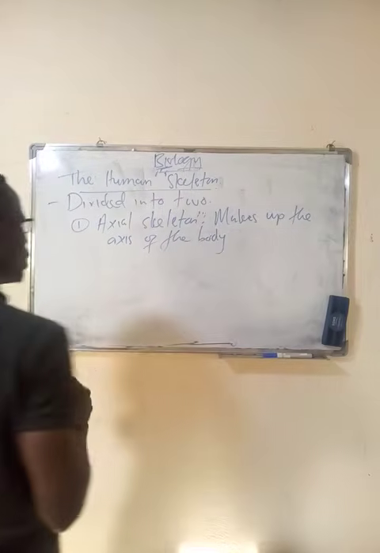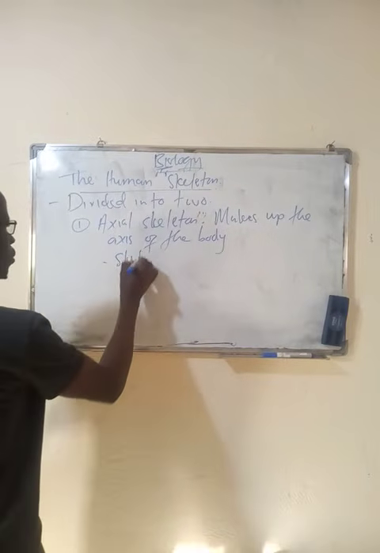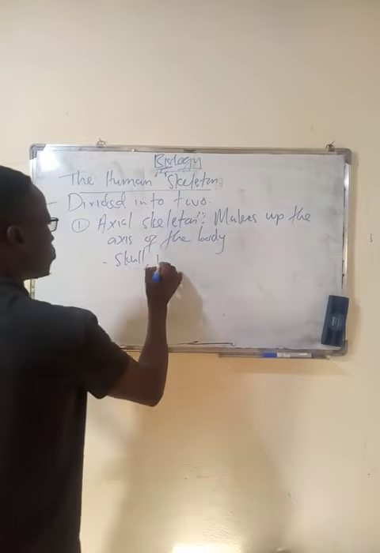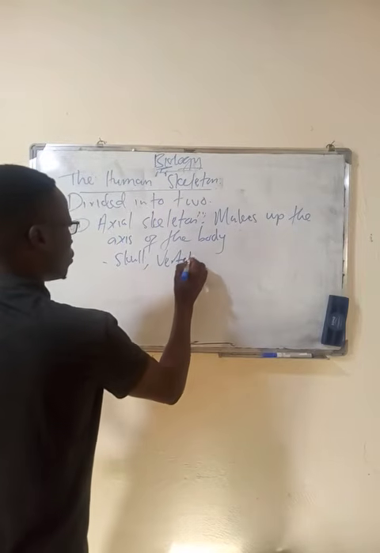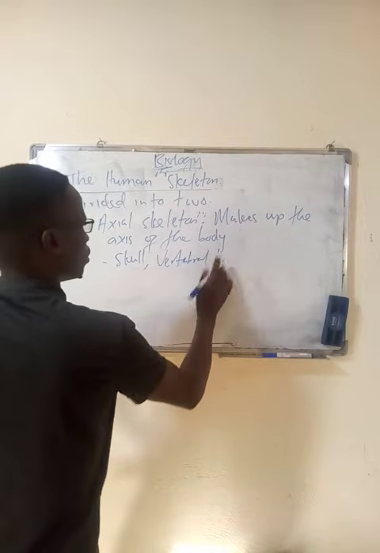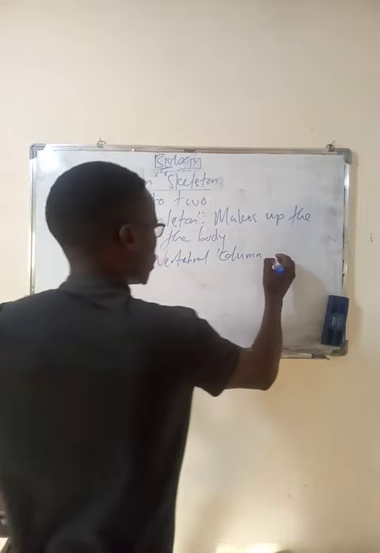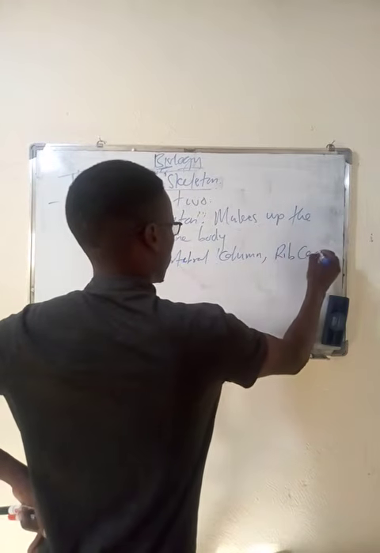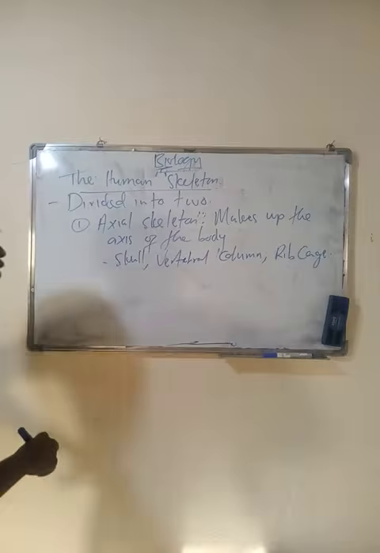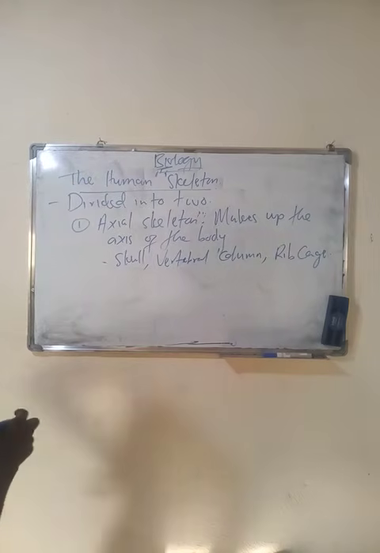And that's why it's called the axial skeleton. We're talking about the skull, the vertebral column, and the rib cage. So this is what makes up the exoskeleton.